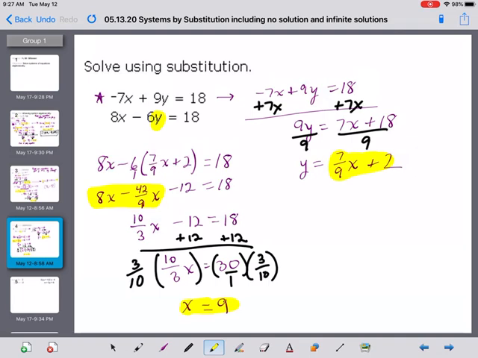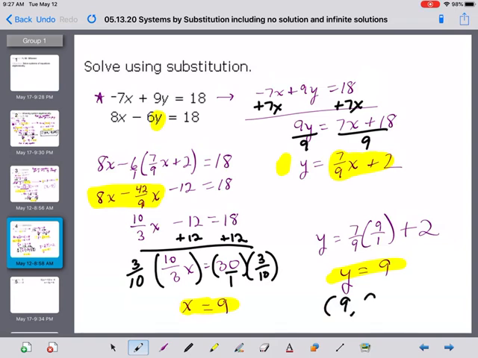Find an equation where y is already solved. There it is. Again, it'll work for any equation, but you want to try to simplify. So y equals 7/9 times 9 plus 2. Again, you can use your calculator. Y equals 9. So your answer is 9, 9.